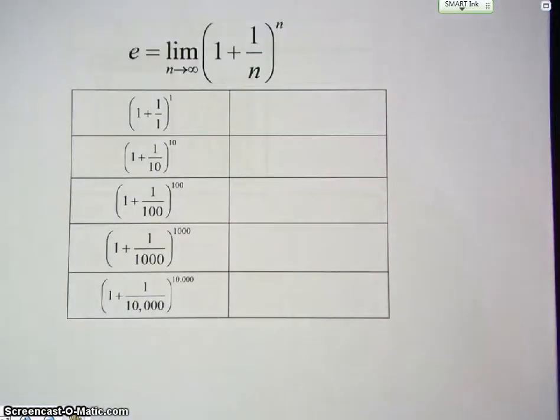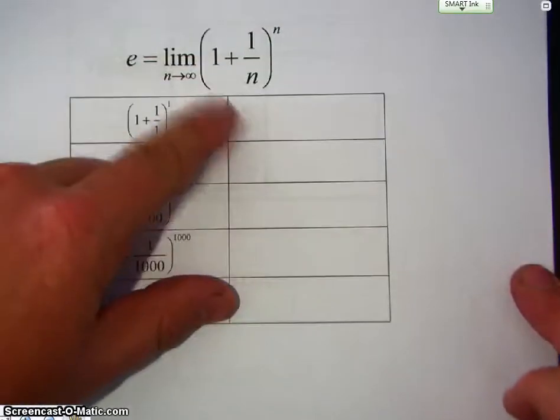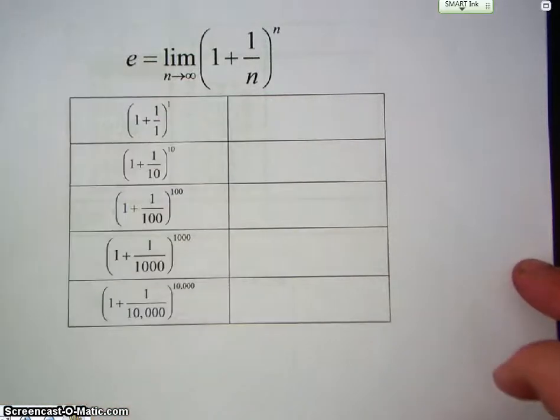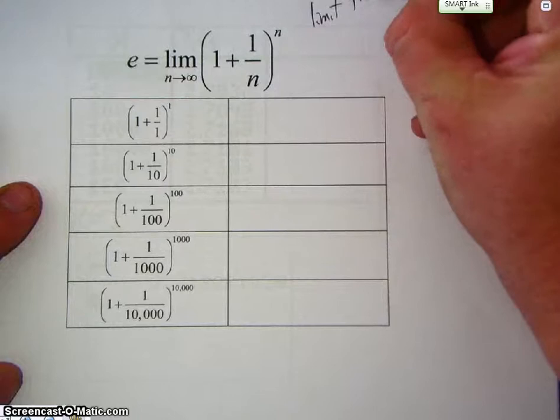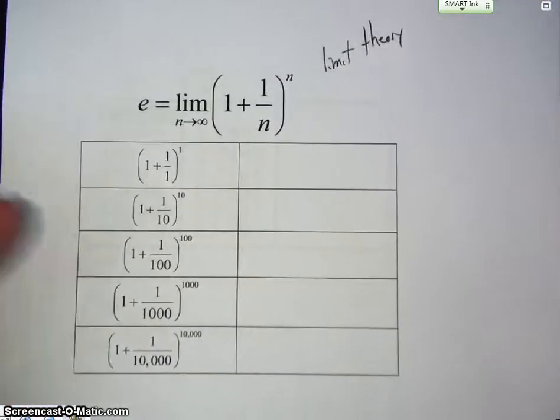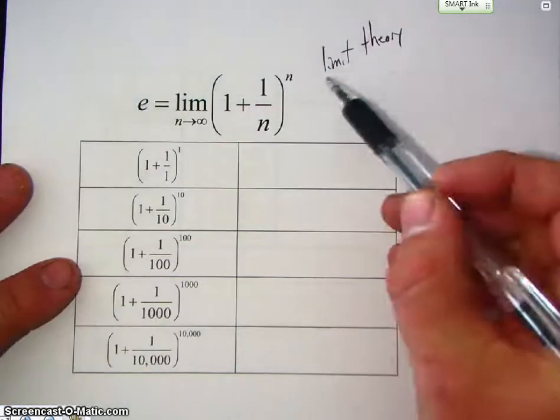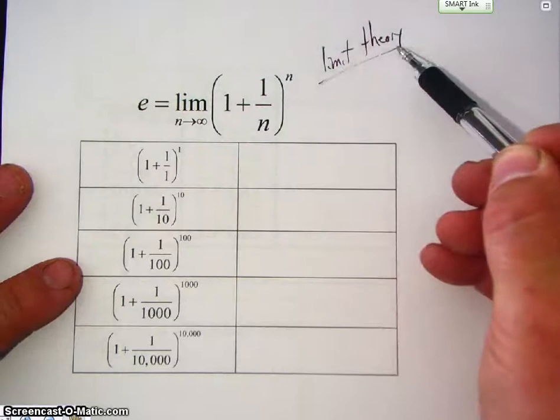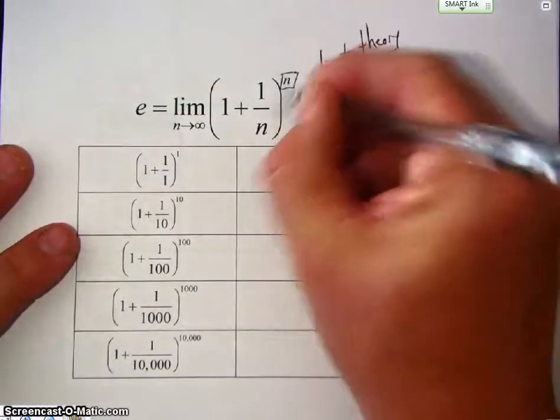Where in the heck does E come from? All you need to know about this is called limit theory. If you ever take higher levels of mathematics, you'll get into calculus, and at the beginning of calculus you talk about limits and limit theory. The key thing here is n.